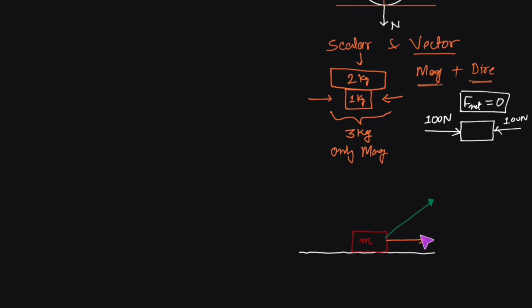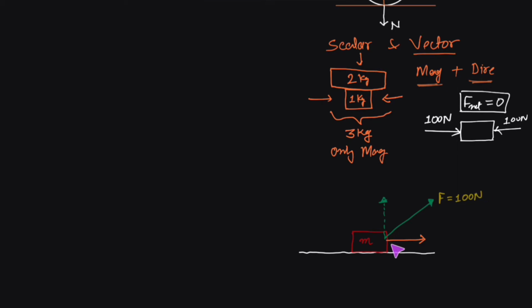So why? When the force is acting in this direction, why is the displacement not taking place in this direction only? Because this force has effects in multiple directions. This force would have some effect in this direction, and some effect in this direction. So these effects are called components of force. Suppose we are applying 100 Newton force in this direction at an angle.